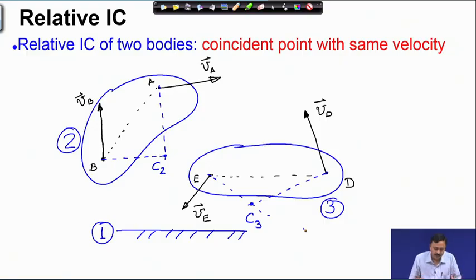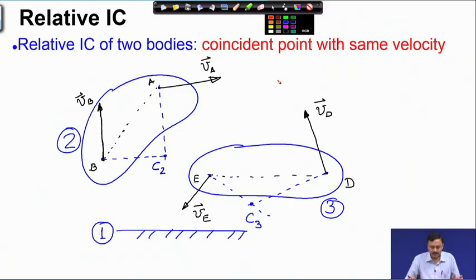Now, I ask this question: what is the relative instantaneous center of rotation of bodies 2 and 3?